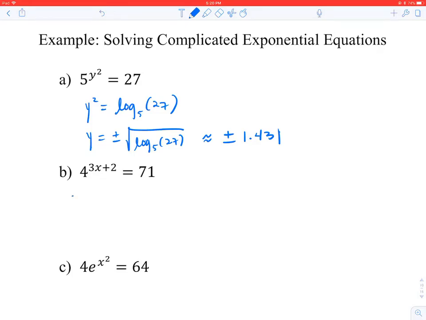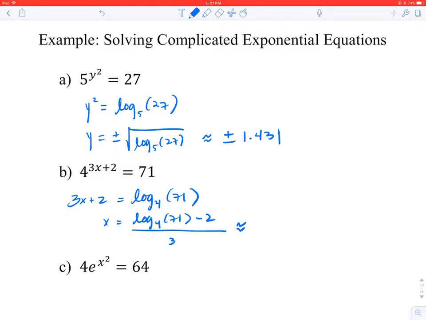Okay, if we take the log base 4 of each side, we'll end up with 3x plus 2 equals log base 4 of 71. And then if we subtract 2 and divide by 3, we'll have x is equal to the log base 4 of 71 minus 2, divided by 3.